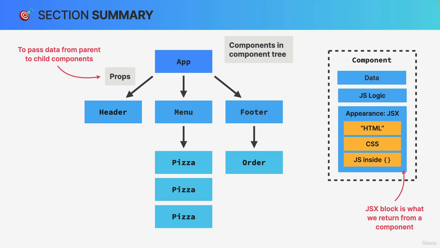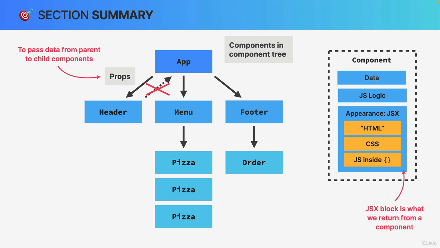For example, in this application, we rendered many different pizzas by creating one pizza component and then passing in different pizza objects into that component. So rendering it multiple times with a different prop. Now, it's very important to understand that props can only be passed down the tree, so only from parents to children, but never the other way around.